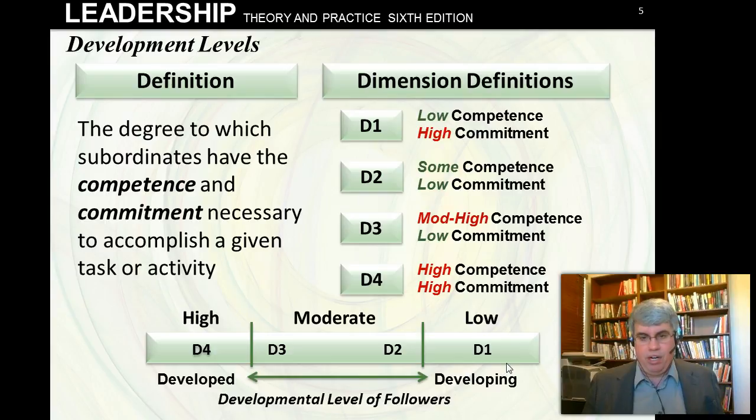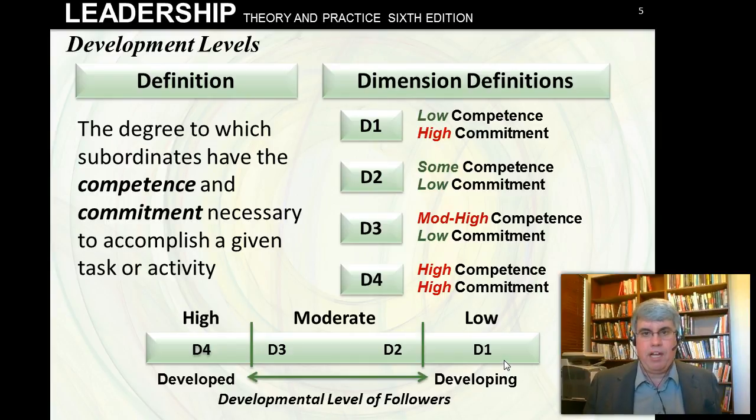And so theoretically, employees start at a low developmental level, and across their career or across some time span, they increase in their competence, real low competence here, medium competence here, high competence here, and their commitment kind of wavers. They're high commitment here, but low commitment here. And so what you're supposed to do is to find the right leadership style.